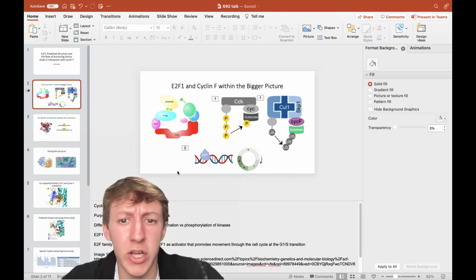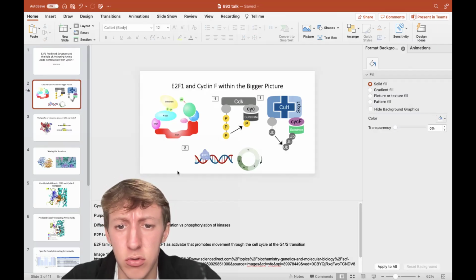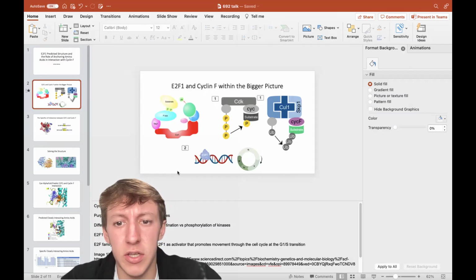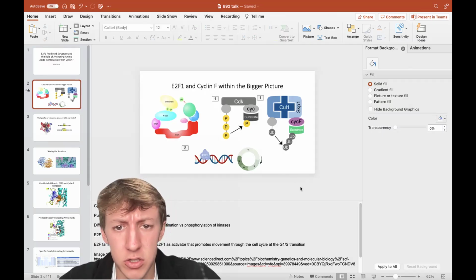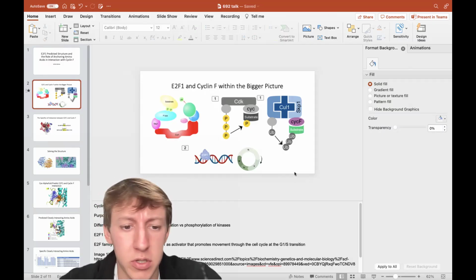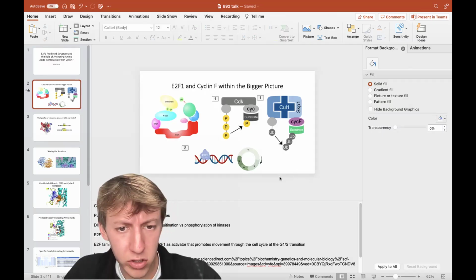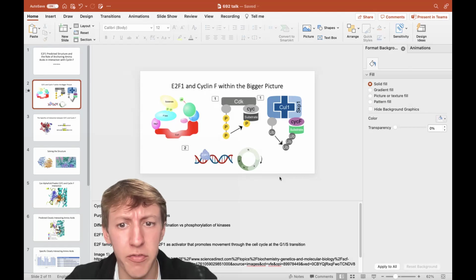This phosphorylation, in contrast to the ubiquitination shown in the SCF complex with cyclin F, might activate these substrates by adding phosphate groups to them instead of degrading them by adding ubiquitin groups.